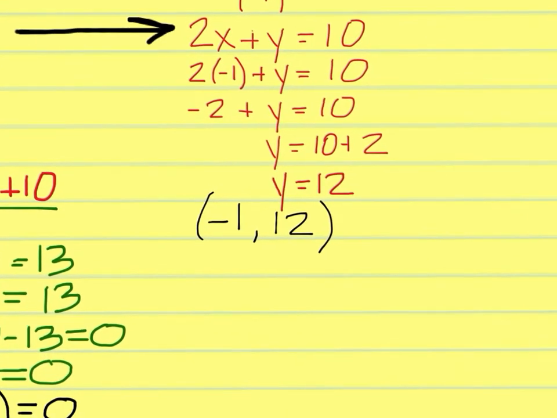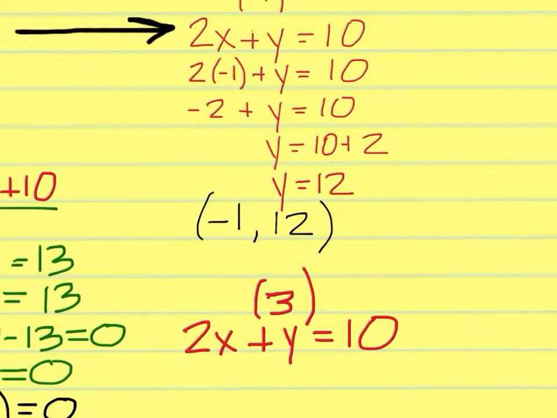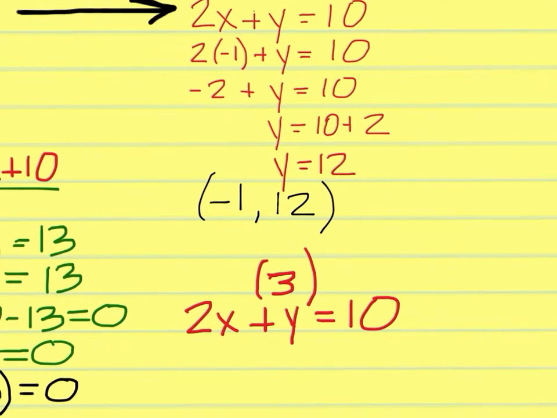Now I have to use the 3 that I found for x. We've already used the negative 1, so we're going to put in the 3. And we're putting that into 2x plus y equals 10. That's from the original set of equations.